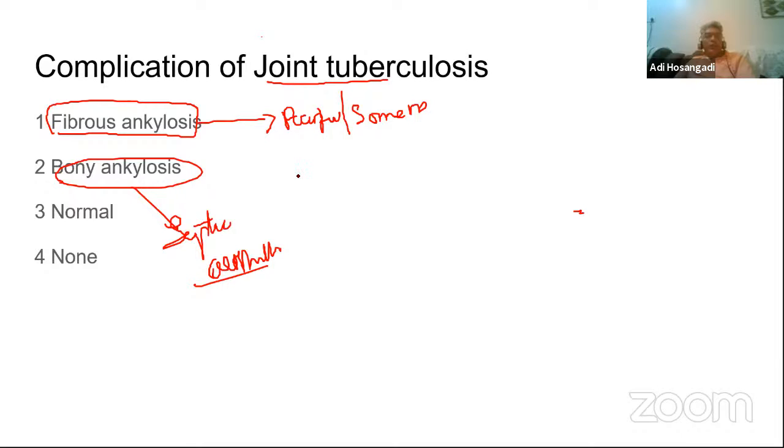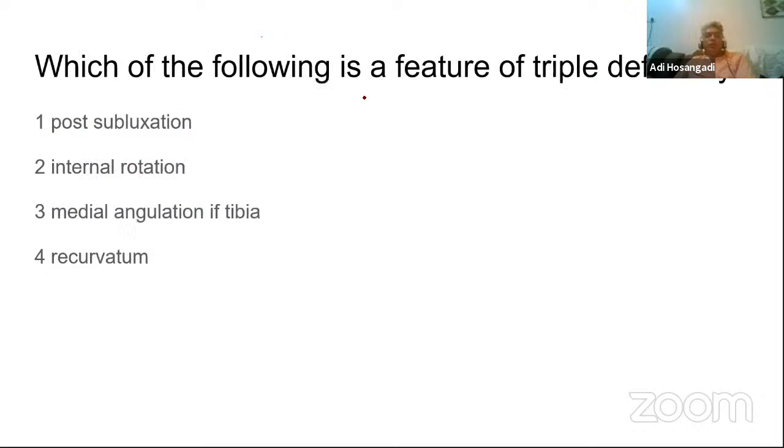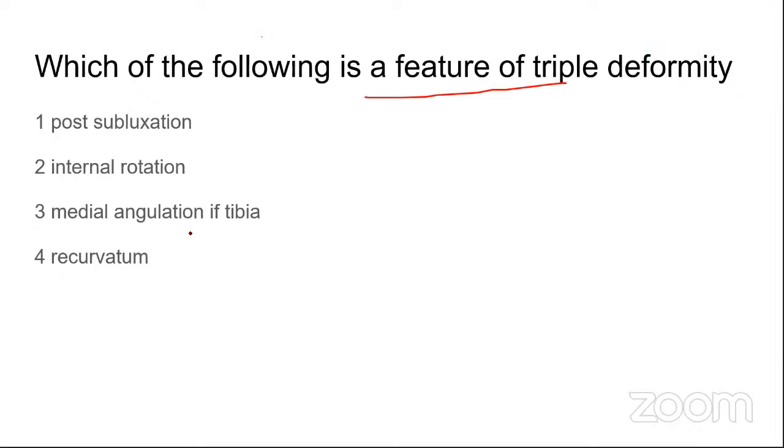But in bony ankylosis, it is painless because absolutely no movements are there. Just for completion, I am explaining here. Which of the following is a feature of triple deformity? You can answer this question. Posterior subluxation. Yes, posterior subluxation.